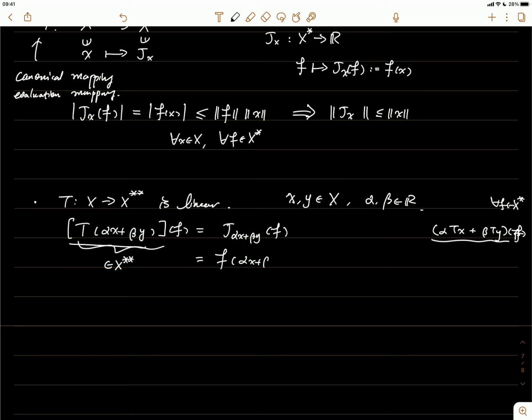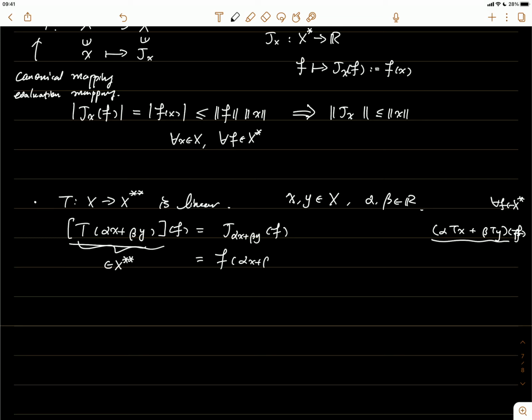But remember that Jx and Jy are linear mappings, they're all linear functionals. Jx and Jy are from x double star, so they're linear functionals defined on x star. So that's why this is just alpha Jx plus beta Jy, and then we need to apply it to f.